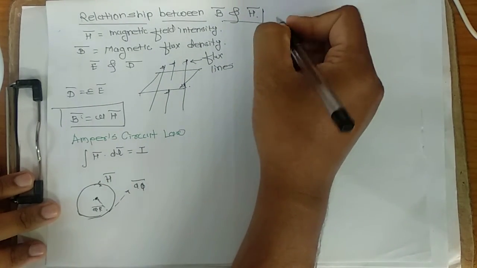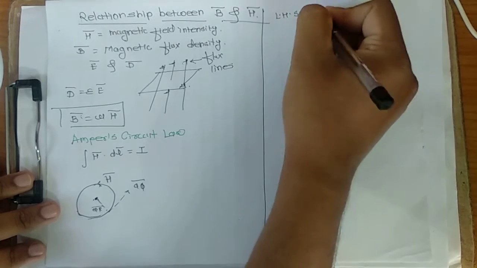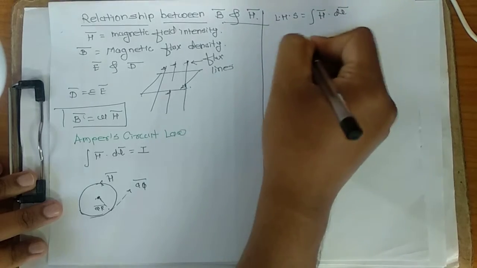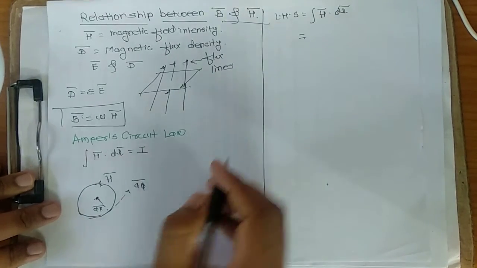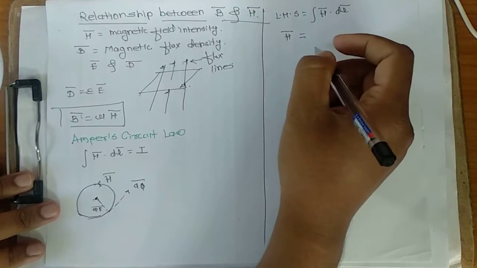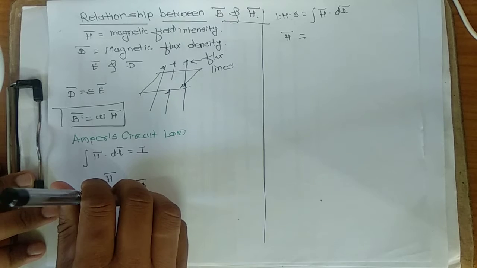So we take the left hand side. LHS is equal to the integration of H bar dot dl bar. What is H bar? It is the magnetic field intensity due to a long straight filament, because this is a long straight filament.